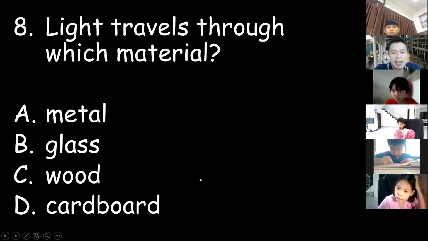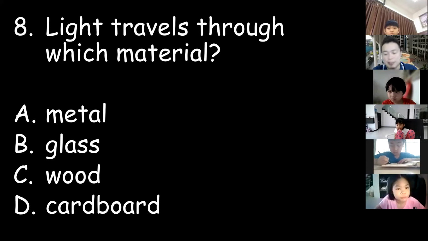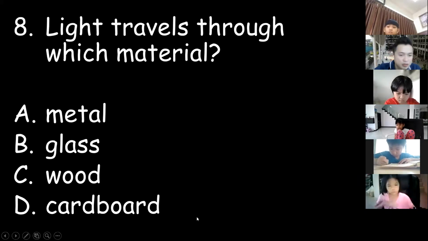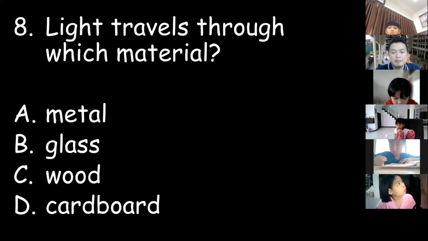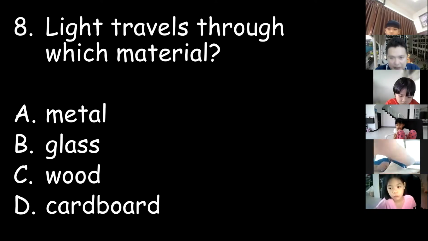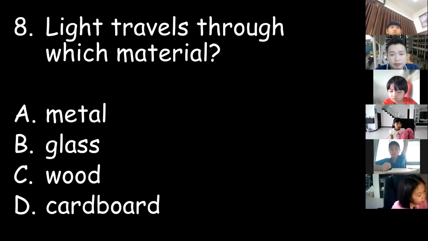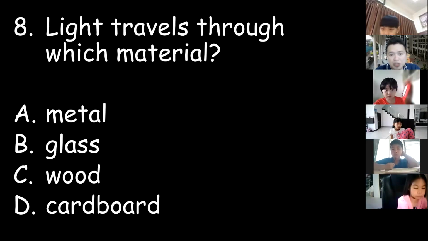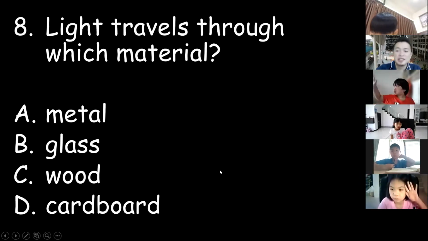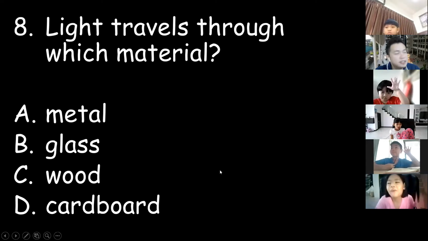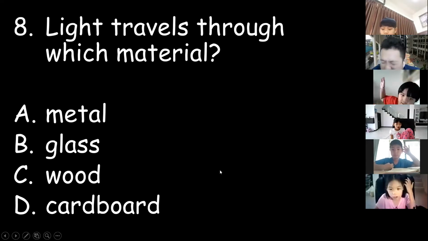Number eight. Light travels through which material? You can say that the light is traveling in this one freely, without any hindrance or blockage. What material can you choose? Nava.